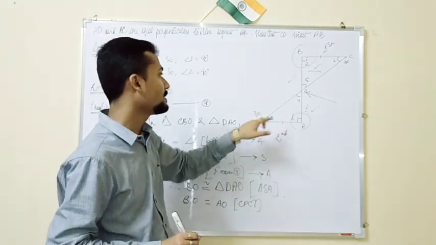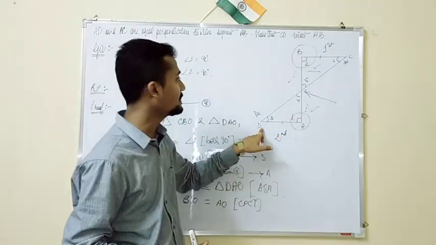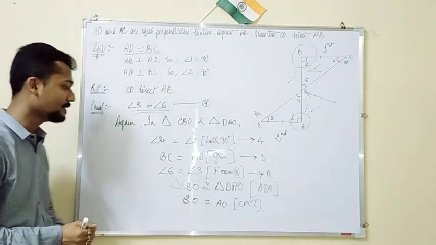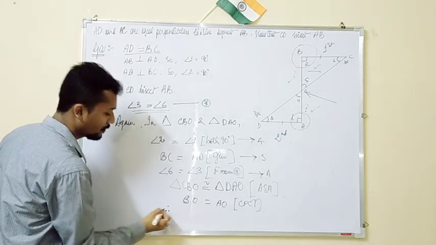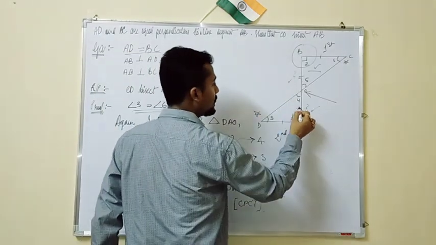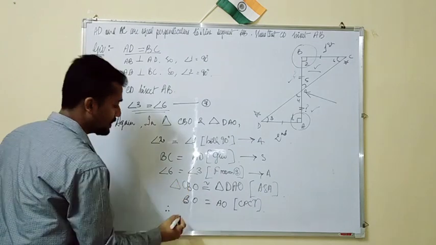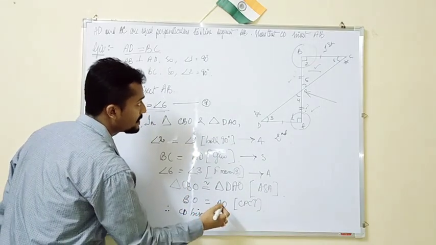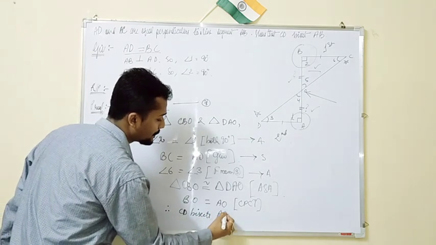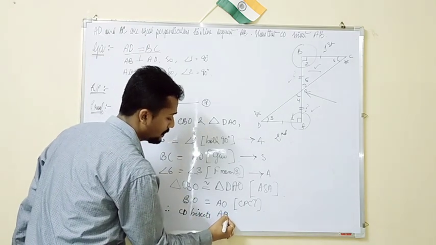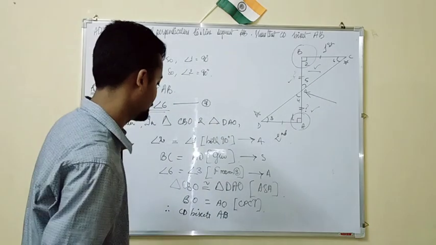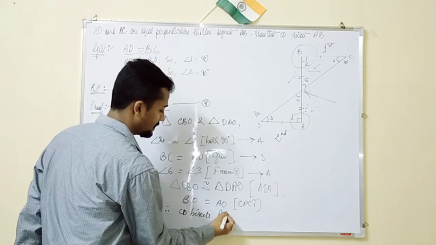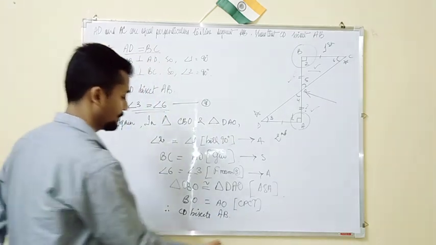That means CD is cutting the line segment AB into two equal parts. So therefore, we can clearly write that CD bisects AB. Proved.